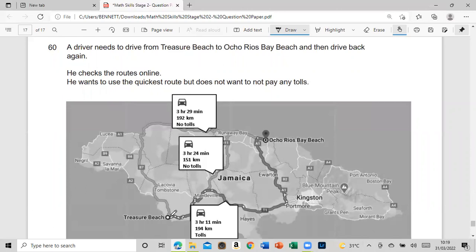Alright, so we are going to see. But you can't go the toll route. Oh, it's a no toll, right? Or tolls. So you can't go, yes.